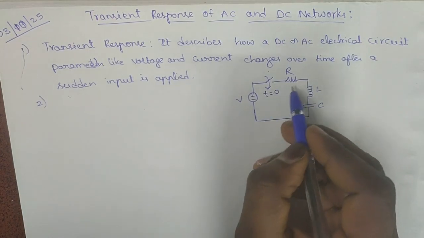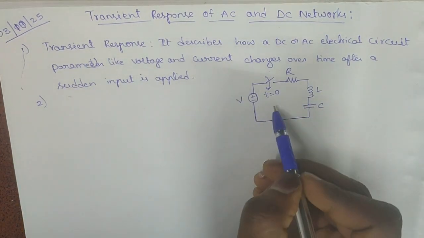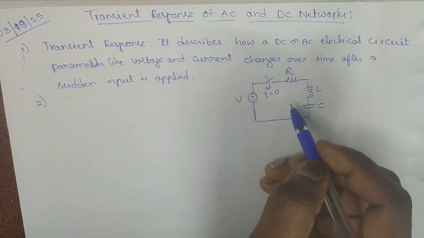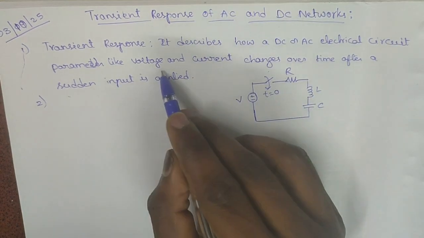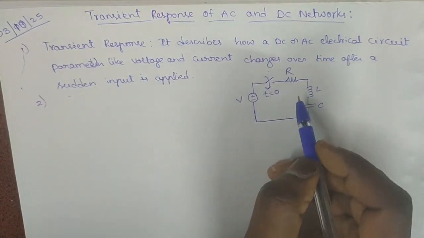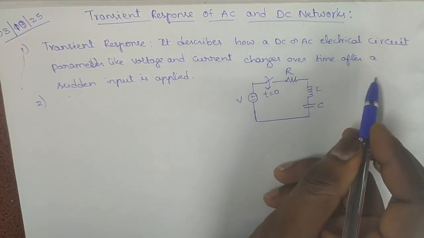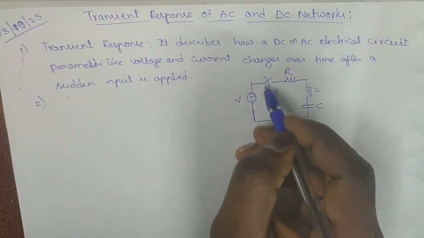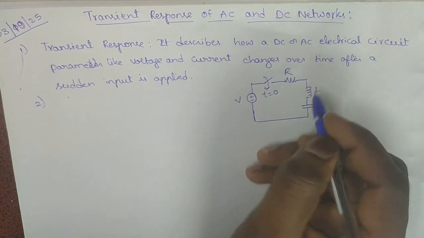What is the behavior? This response explains the behavior of the circuit for voltage and current. It derives the equation of voltage and current, how these values change over time after a sudden input is applied. Sudden input is applied when this switch is closed.